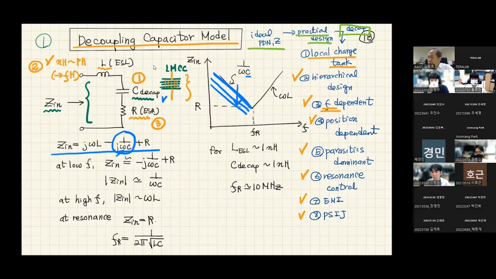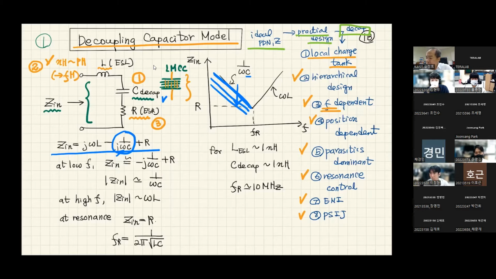So at low frequencies, if you are designing decoupling capacitors in your power distribution network, you have to select large capacitors. But there is a problem with that: if you want large capacitance, your capacitor size will be large, and then you're going to have larger inductance and larger resistance.